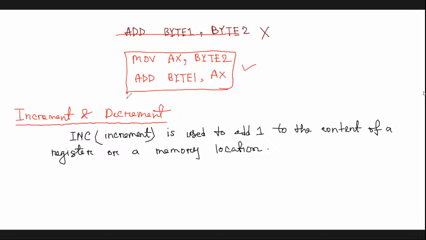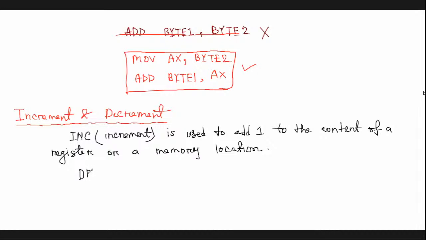Okay, so increment is used to add 1 to the content of a register or a memory location. So what about decrement? Decrement is used to subtract 1 from the content of a register or memory location. Yes, right, so the hypothesis is correct.